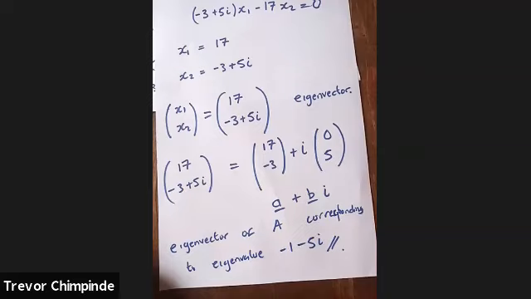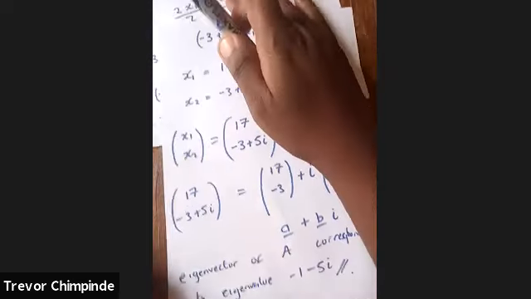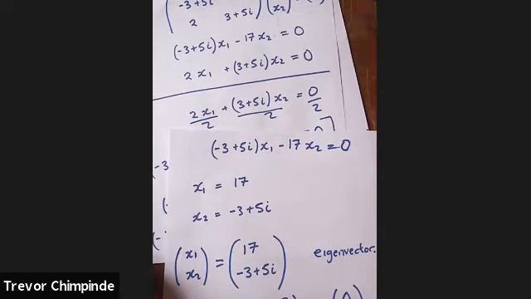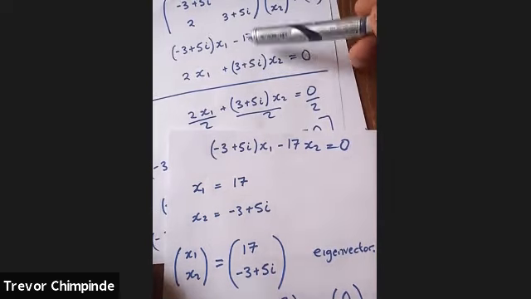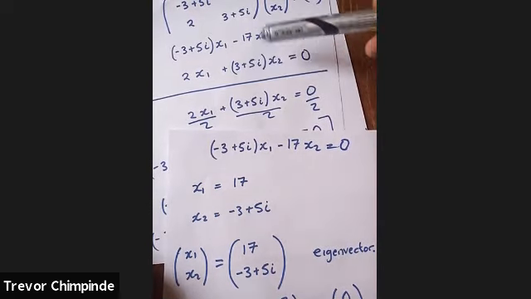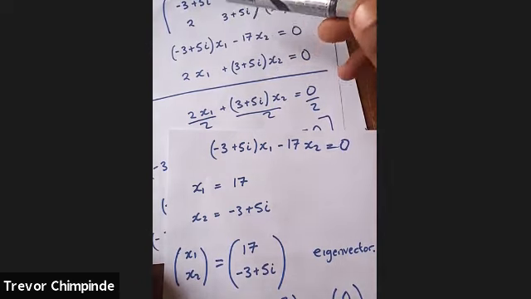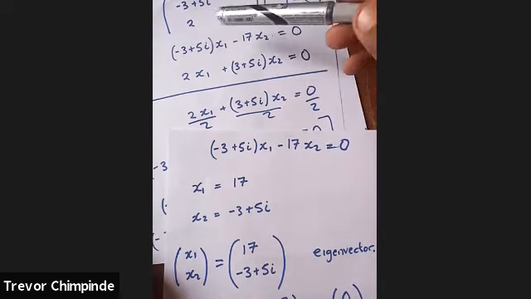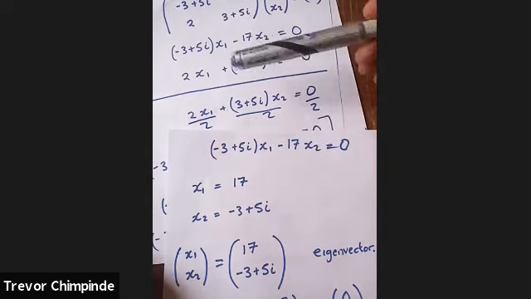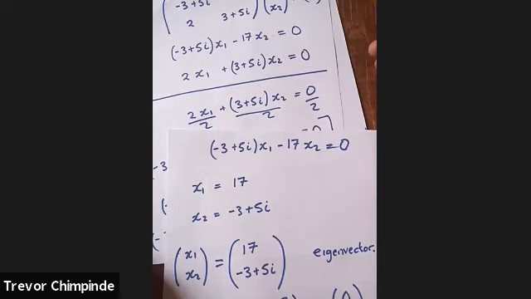What you're doing in row reduction is trying to simplify your two equations. If these are your two equations, you're trying to bring them down. But in this case, row reduction won't be helpful because they are the same. So what you're going to get is 0, 0 everywhere. If you subtract this equation from this one, you're going to get the same entries because these two equations are the same.